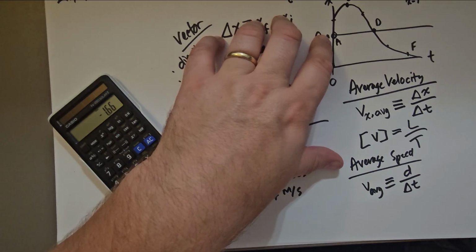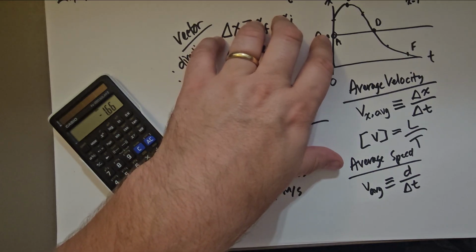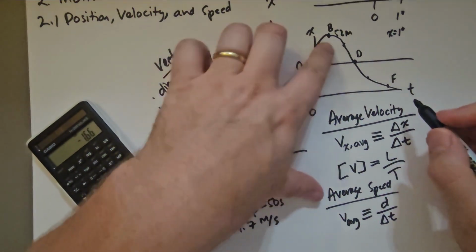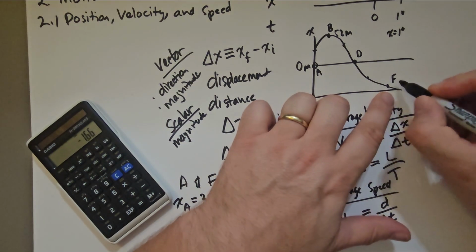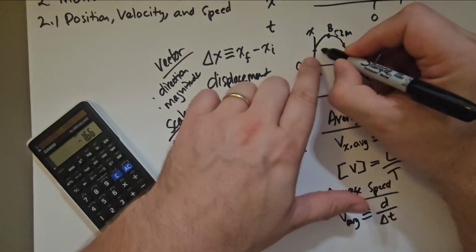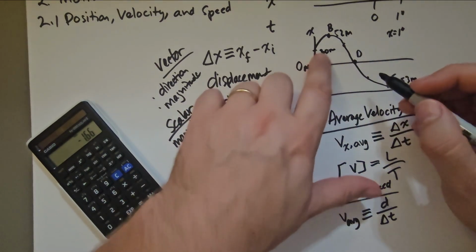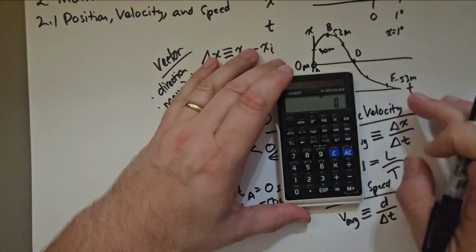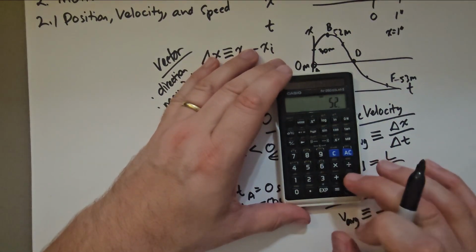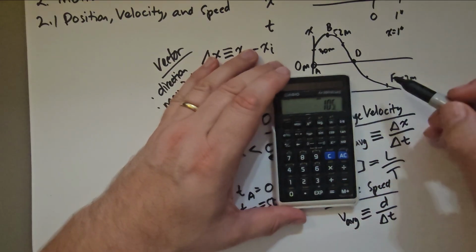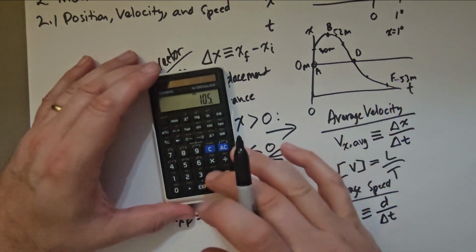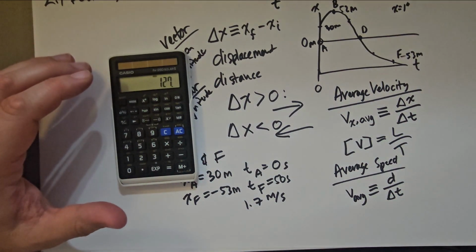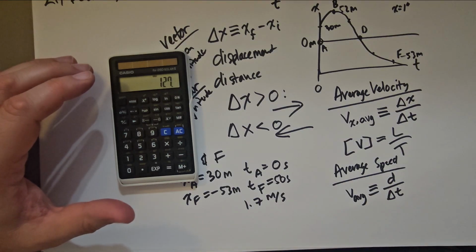It goes up to 52 meters, and then down here at F, it ends up at minus 53 meters. So we go 22 meters up, and then from 52 to minus 53, that's 105 plus 22. So we did a total of 127, or 130 meters of distance.